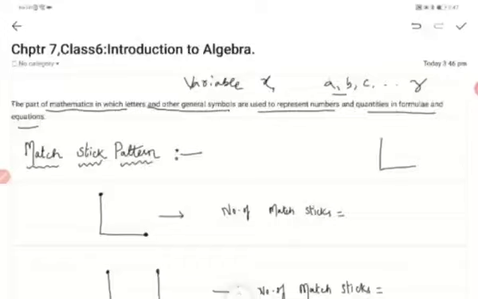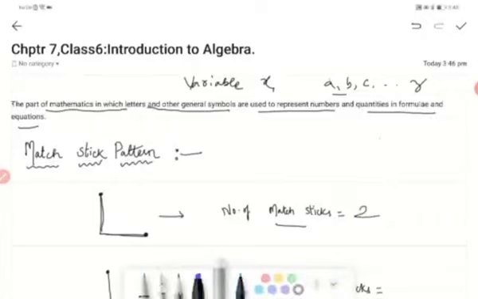For that, how many matchsticks do I need? I will need 2 matchsticks, right? I place one matchstick like this, and the other I'll place like this, and it will become L. So I'll need 2 matchsticks, isn't it?